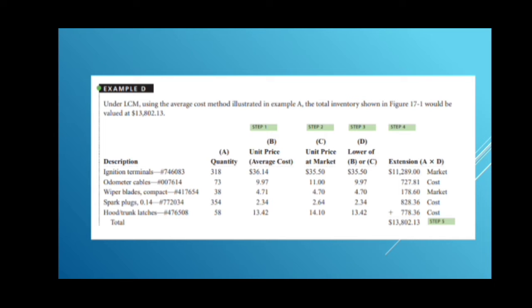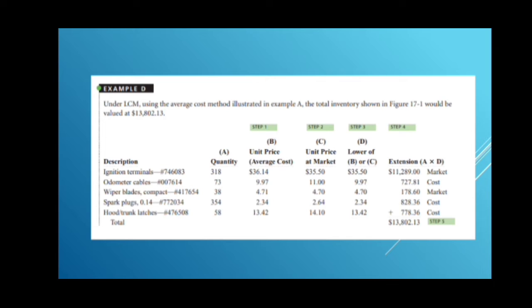The third column, B, is where step 1 to determine the LCM inventory value was applied, which used the average costing method. Then the fourth column, C, is the list of the unit price at market, where we determine the market value for each inventory item. That's step 2.